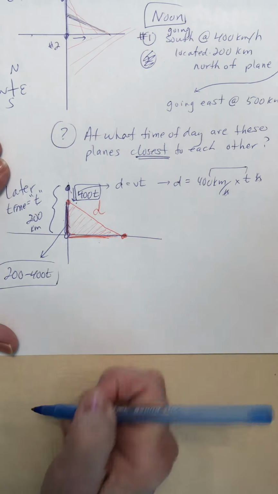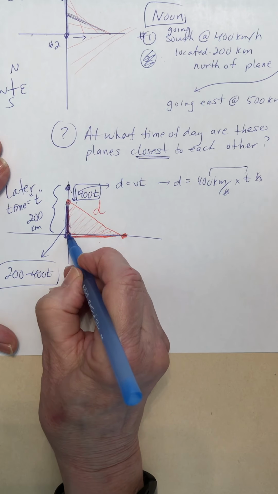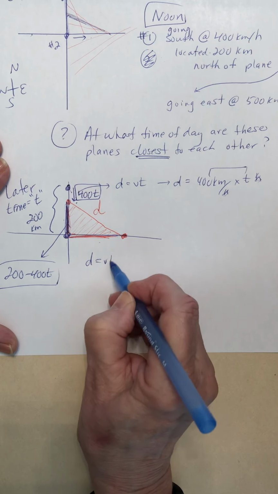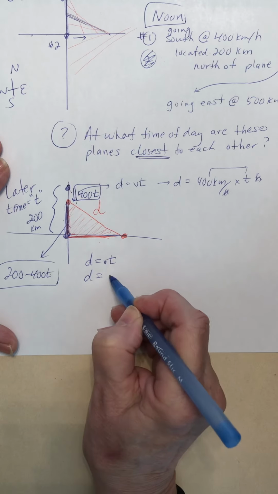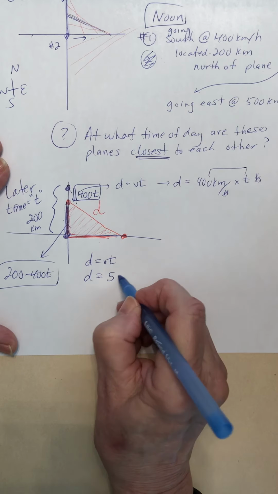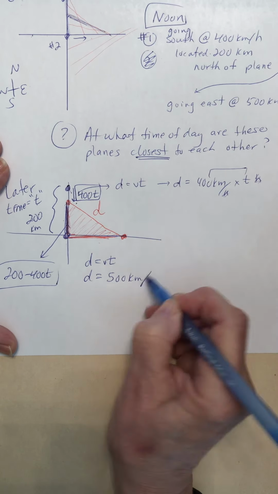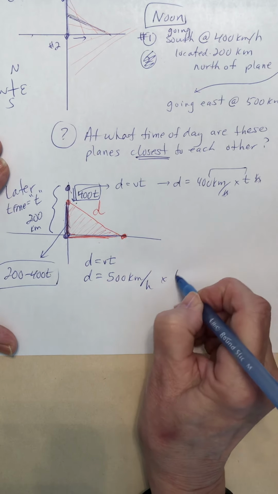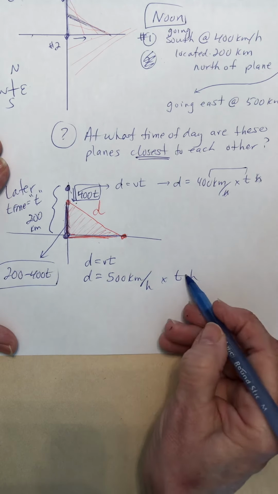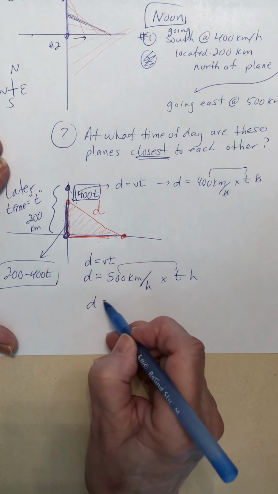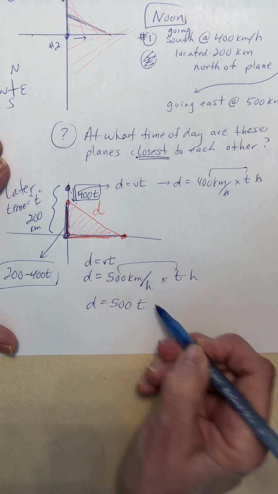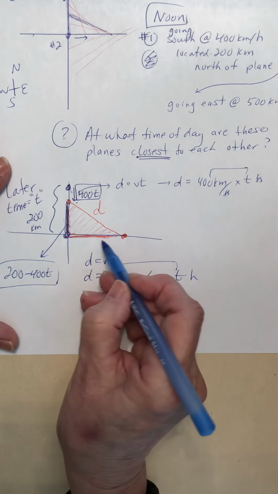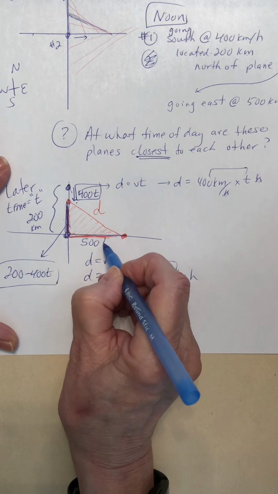And how much is this distance? Well, the plane started here. So the formula for distance for this plane is its velocity, which was 500 kilometers an hour, times the time, which was t hours. So your hours cancel. For this plane, it's gone 500t kilometers. But that is reality. That is how far this plane has gone.